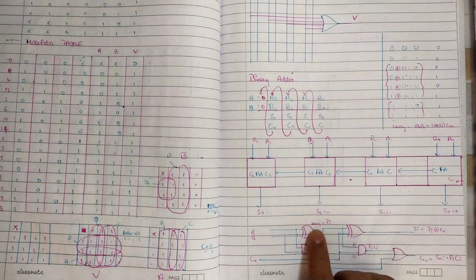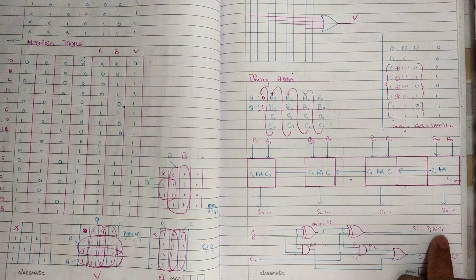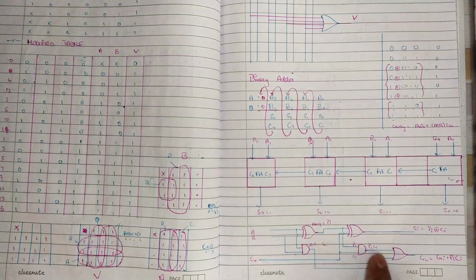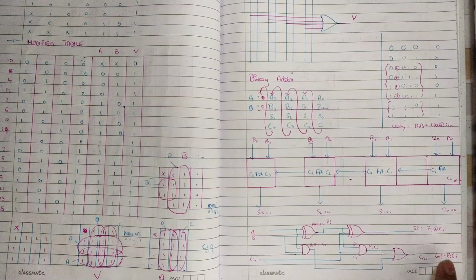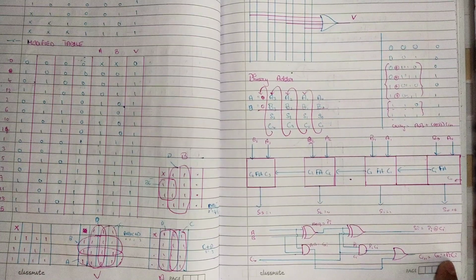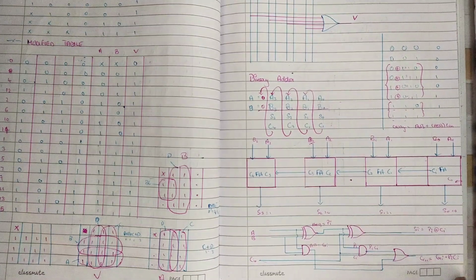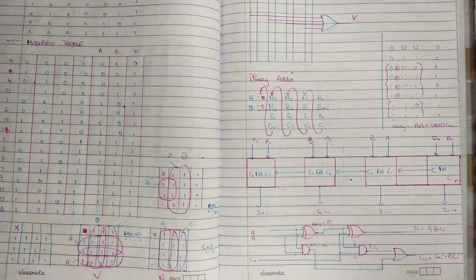So A exclusive OR B is taken as PI, and here we get PI exclusive OR CI, and A into B is taken as GI. At the end, instead of AB we have GI, plus PI, which is A exclusive OR B, into CI. So instead of A exclusive OR B we have PI, instead of AB we have GI, that's it. And in place of C in you write CI.